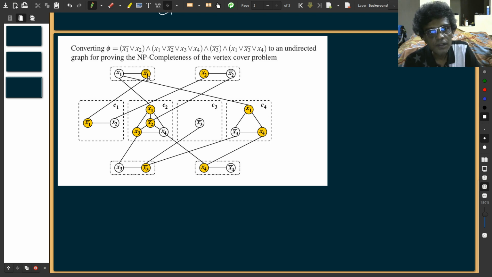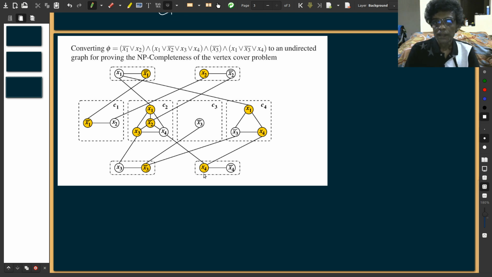As the picture suggests, this is x1 bar, so take this, connect with x1 bar, x2, connect with x2, x1, x2 bar, x3, x4, connect with x1, x2 bar, x3, x4, x3 bar, connect with x1, x3 bar, x4.